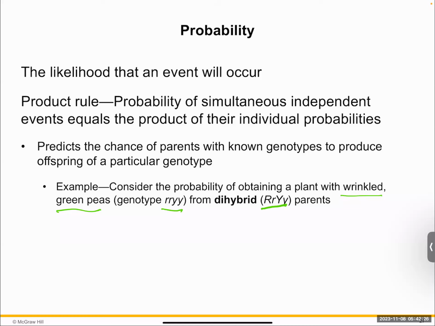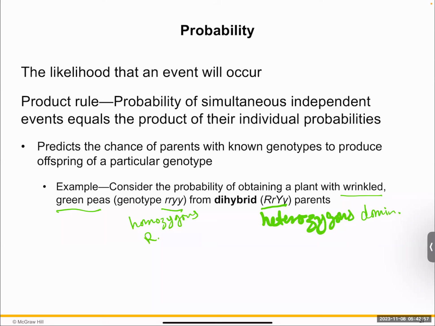So this is your heterozygous dominant. And it says consider the probability of obtaining a plant with wrinkled green peas, lowercase r, lowercase y, which is again your homozygous recessive.